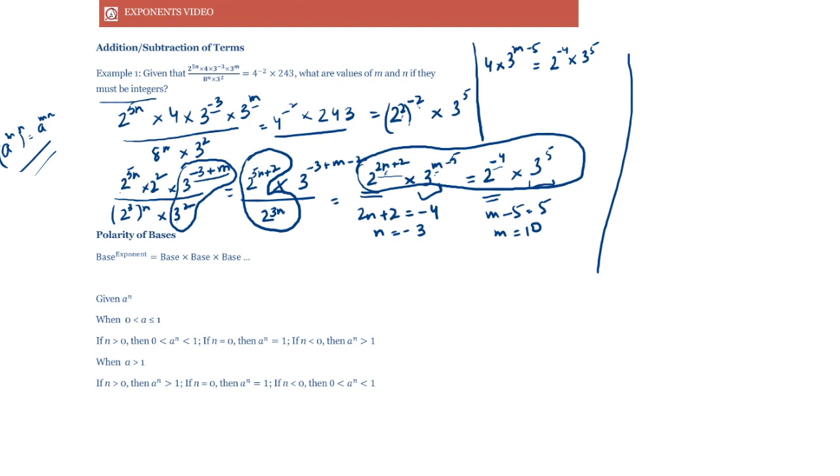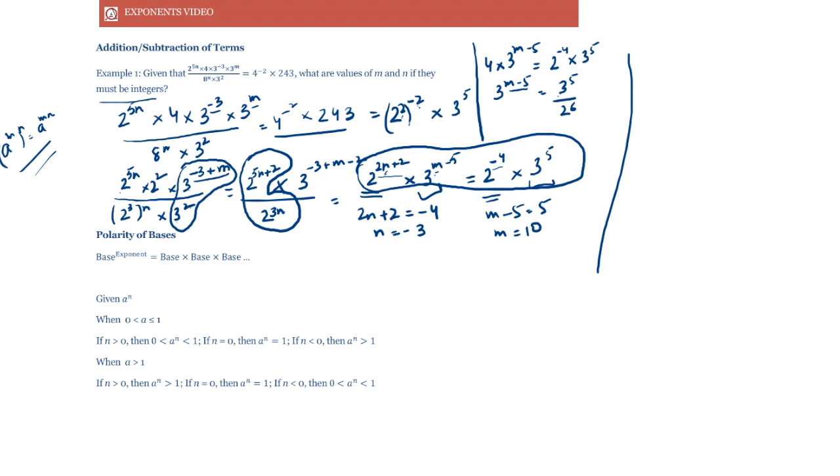So then I have a 2 here. I have a 2 to the power 4 in the denominator here. I'll bring it over here. I get 3 to the power m minus 5 is equal to 3 to the power 5 upon 2 to the power 6. Now I will have to use logs, but I can find the value of m.